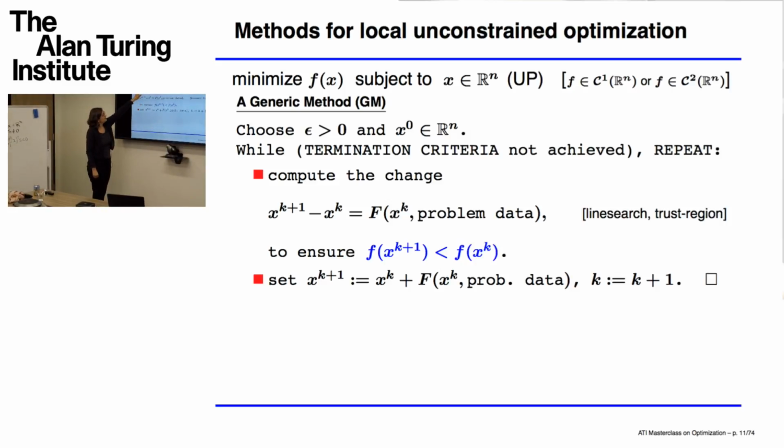While my termination criteria is not satisfied, I will improve my current estimate. So I will generate an estimate x1 of a minimizer using problem data, and update my current iterate, and I will try to ensure at least that at the next point the function goes down, or at least doesn't worsen. And then I will consider this as my best point found so far.